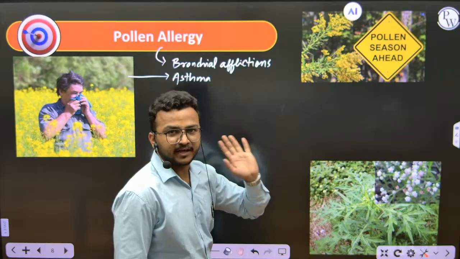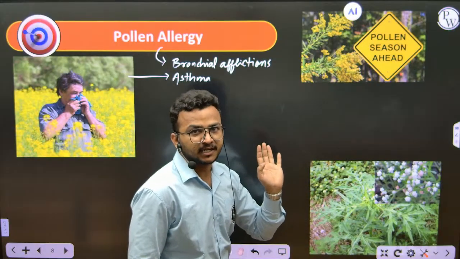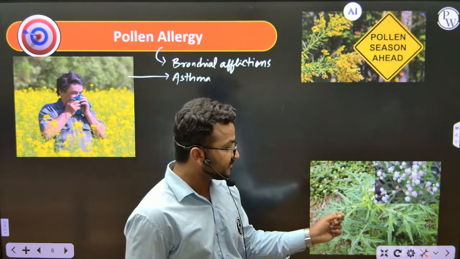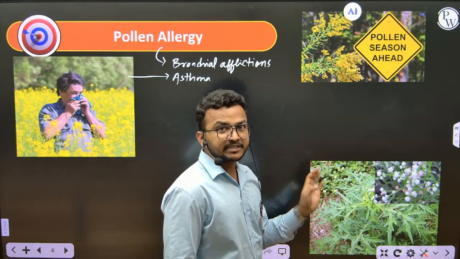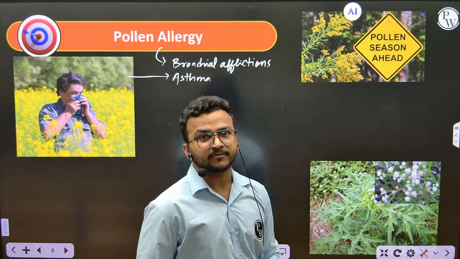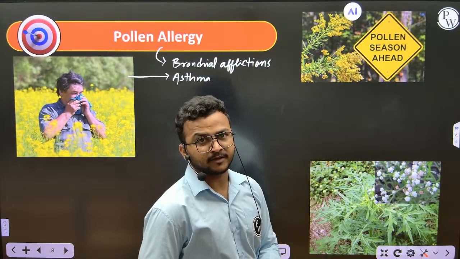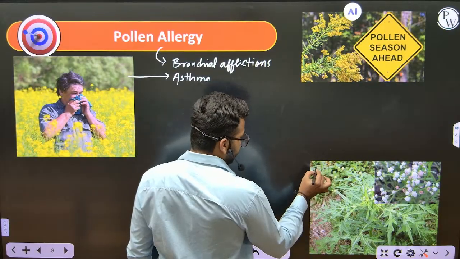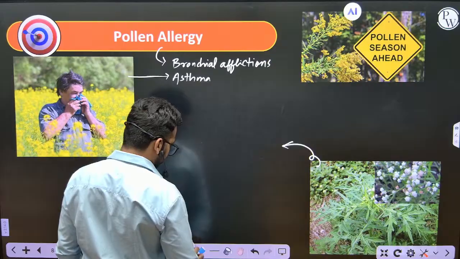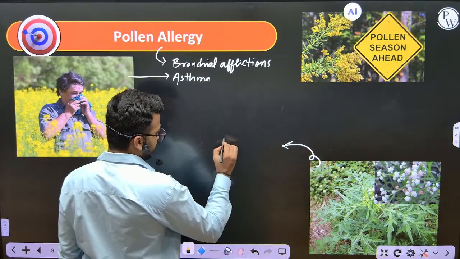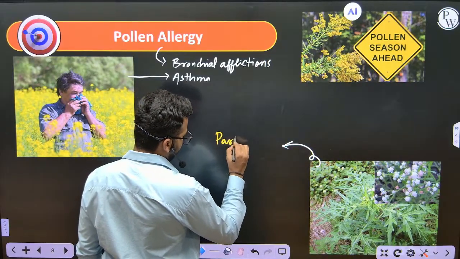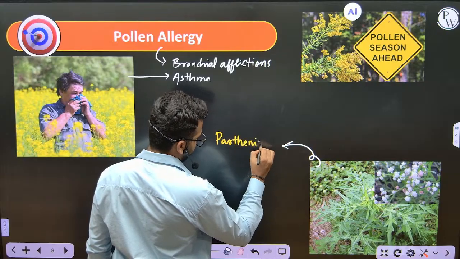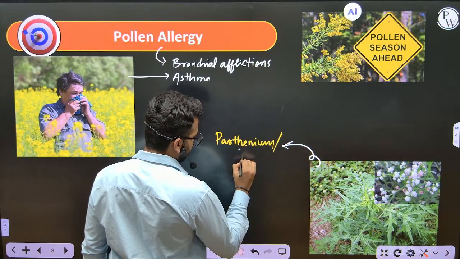It is everywhere, ubiquitous in nature. The NCERT line says the Parthenium came to India with the imported wheat variety. This is the Parthenium plant, or it is also called carrot grass.